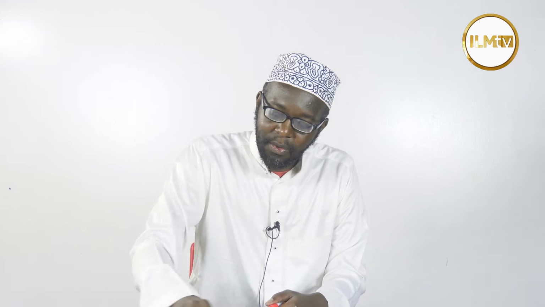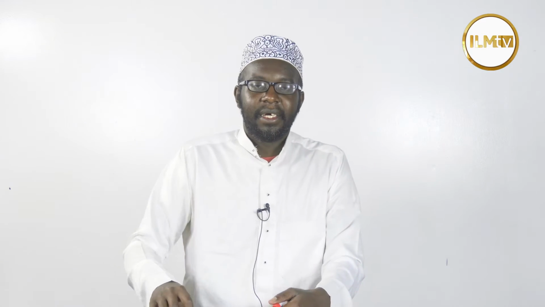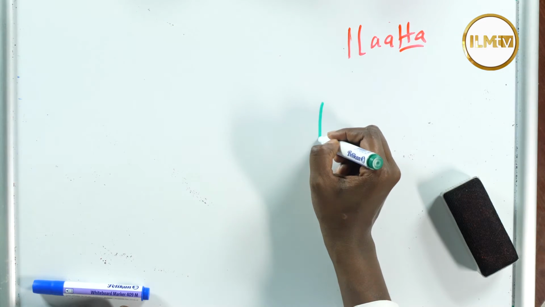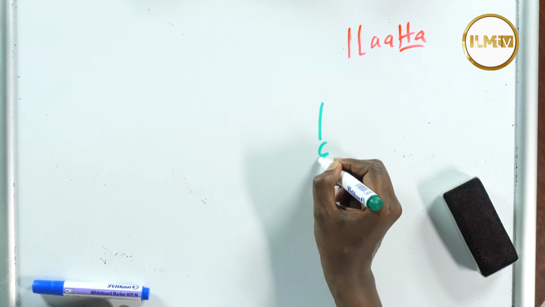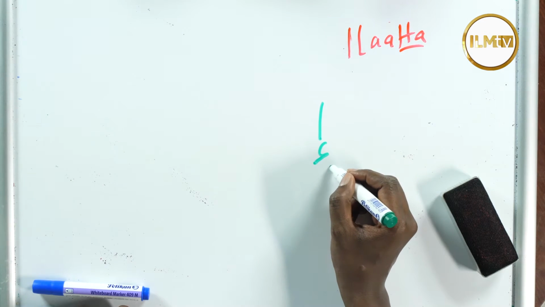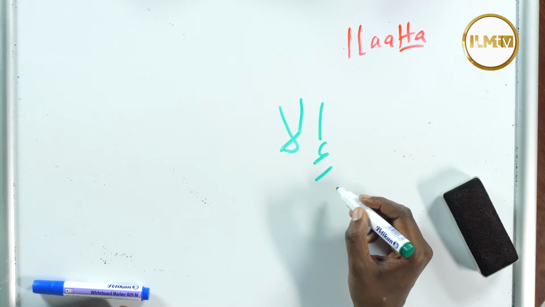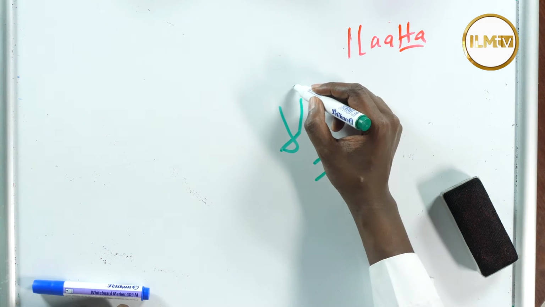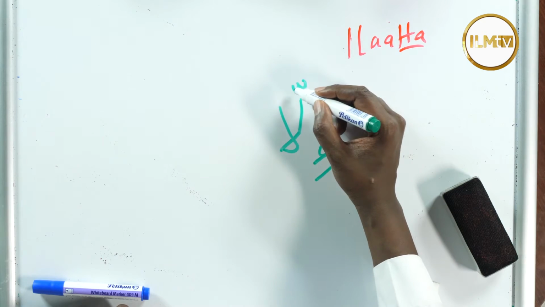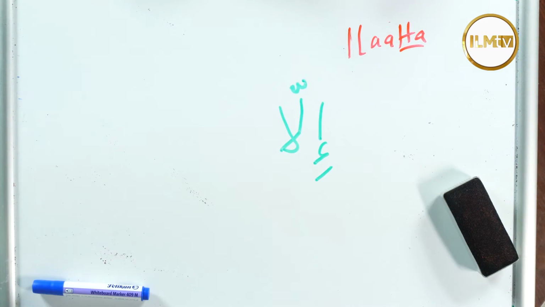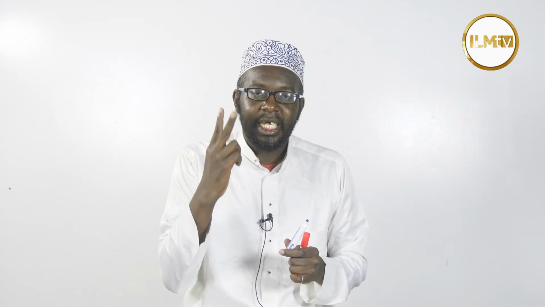Then we go to the third word, illa. Illa. For example, we have E, that's E, then lam, alif again. Illa. Now here, look, we have this shadda thing. What does shadda mean? Shadda means there are two letters.